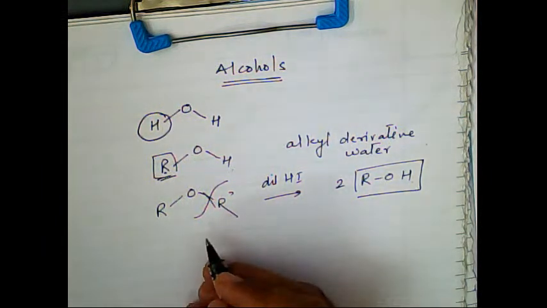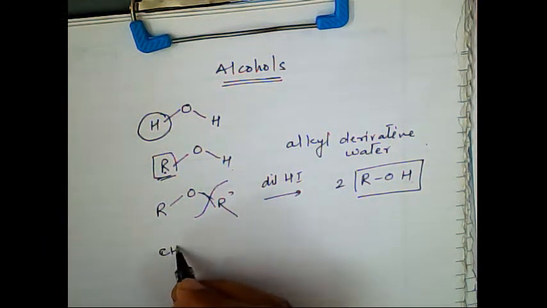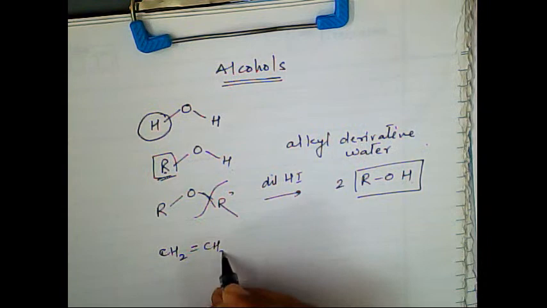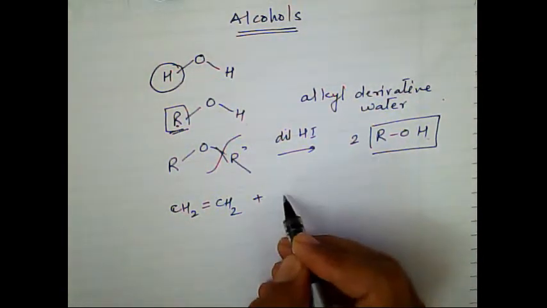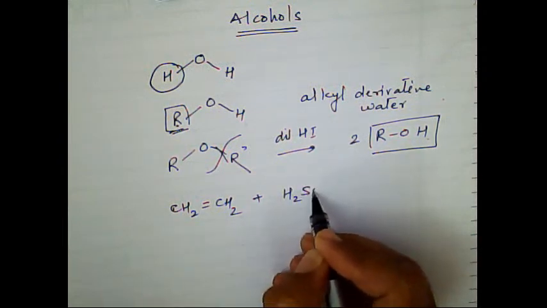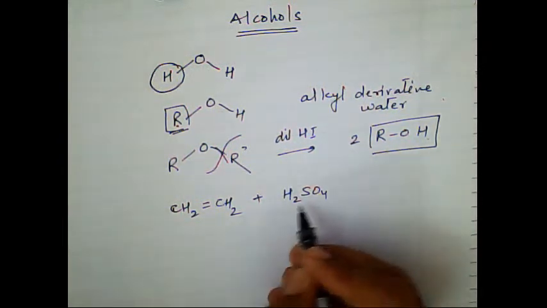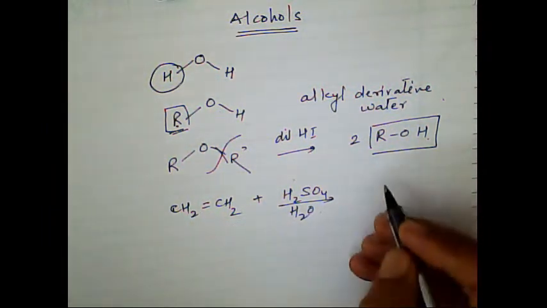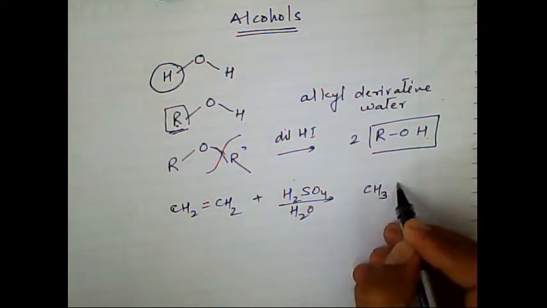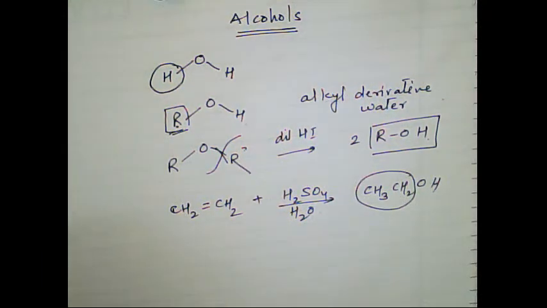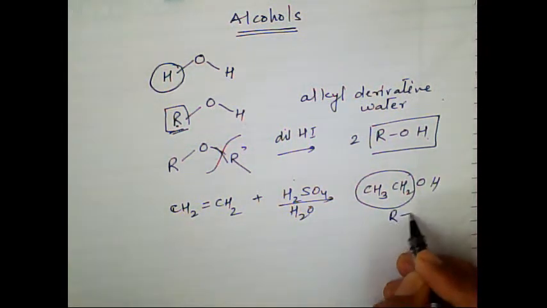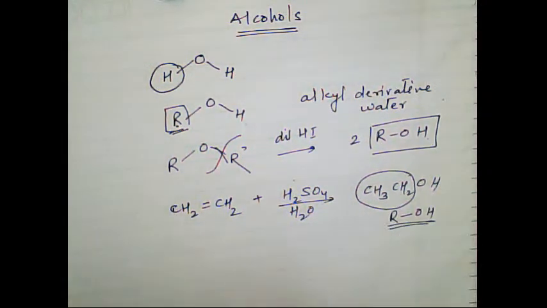Another will say CH2=CH2, that is alkene, when hydrated in presence of sulfuric acid and water, will give CH3CH2OH. CH3CH2 is the ethyl group, an alkyl group. So it is ROH, again an alcohol.